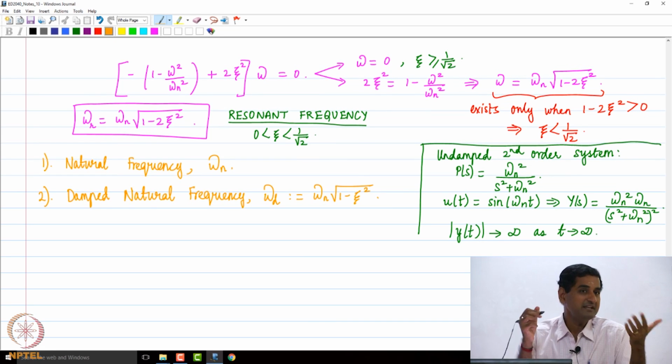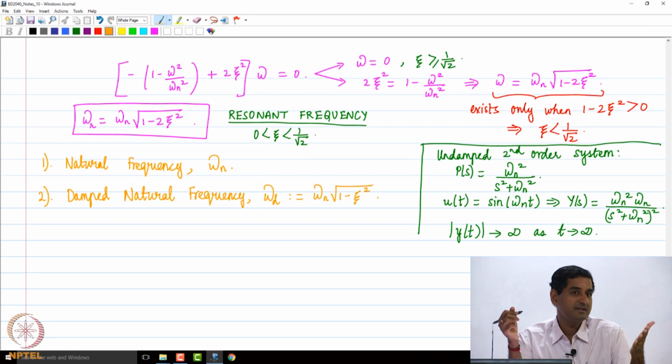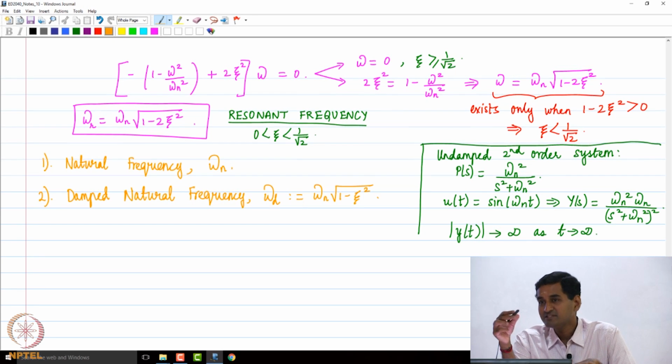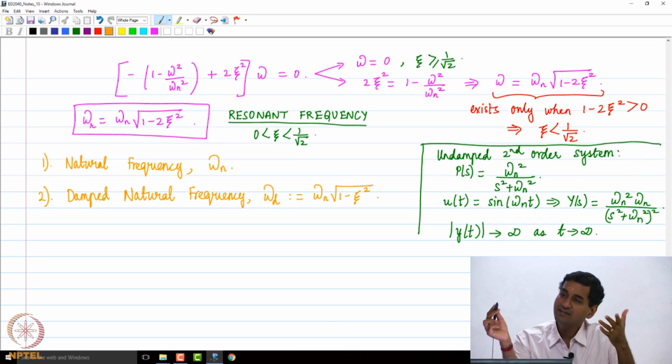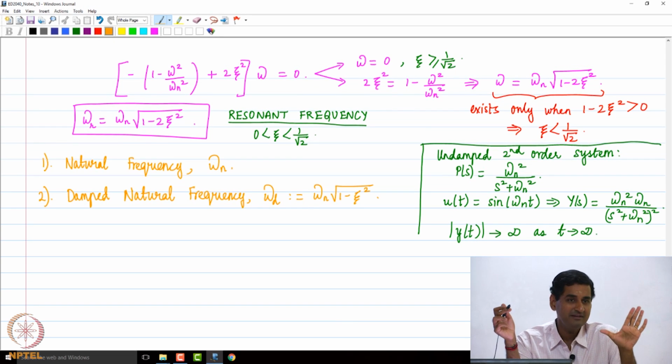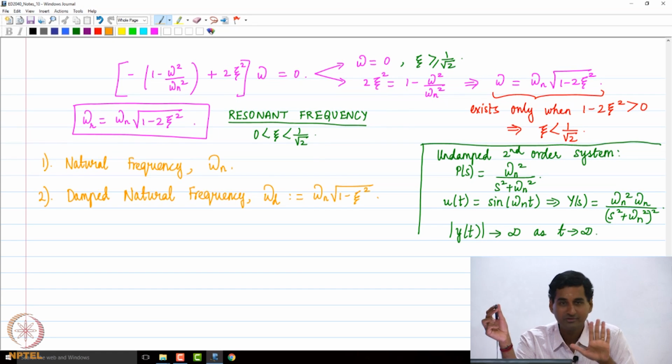So physically, what is the notion of this damped natural frequency? We have a stable second order system. You give a step input, the frequency at which the corresponding output would oscillate is what is called the damped natural frequency. And even if you give a sinusoidal input equal to the damped natural frequency, the system output would be bounded because you have an underdamped stable second order system, no doubt about it.